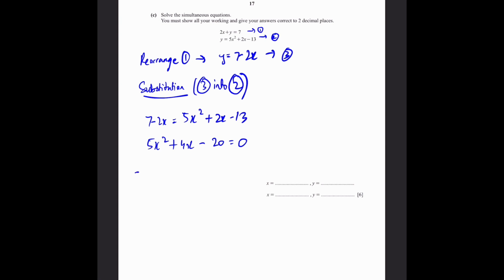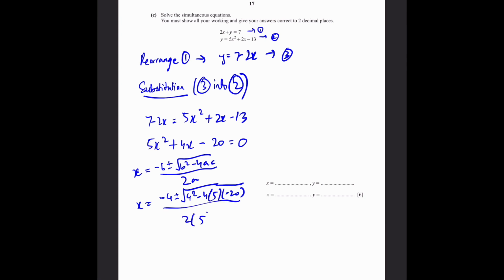Now we can use the quadratic formula. x equals minus b plus or minus root of b squared minus 4ac by 2a. And we can just substitute the values of a, b, and c. So minus 4 plus or minus root of 4 squared minus 4 into 5 into minus 20, whole thing divided by 2 into 5.